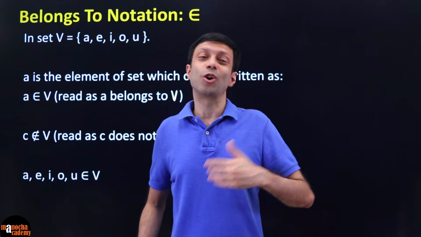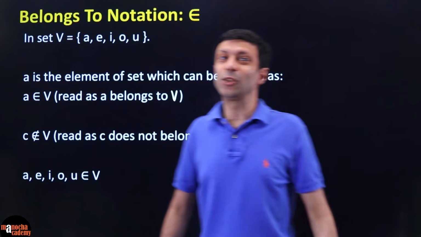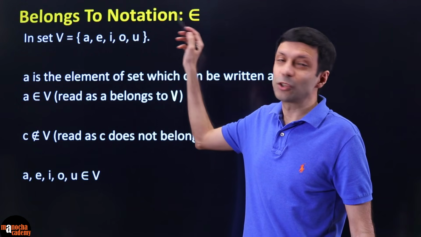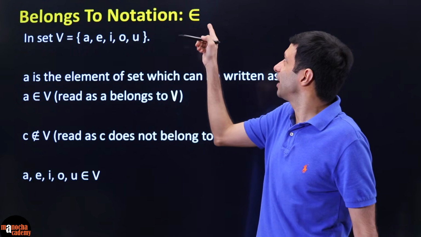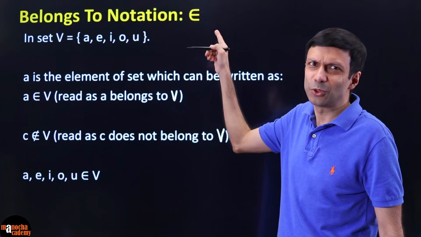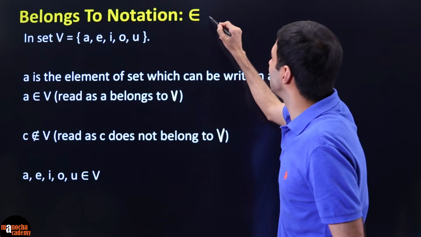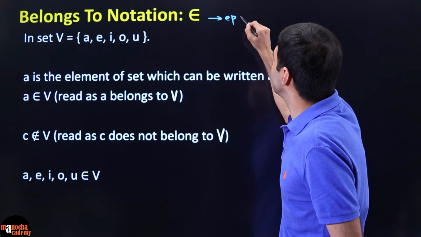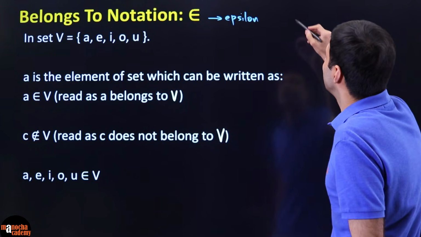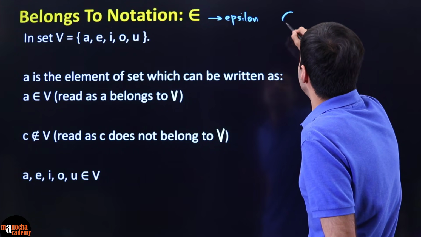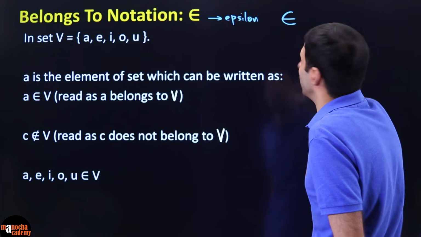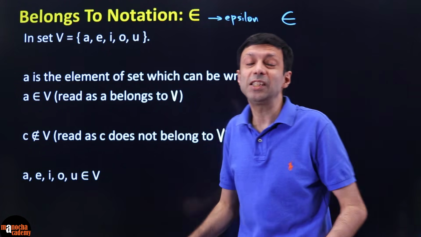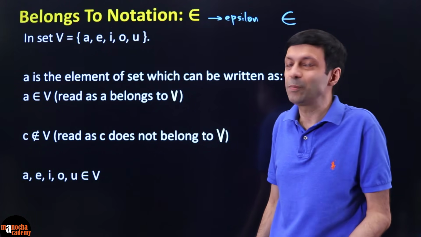As we discussed, there is a lot of notation in sets. So let's look at the next one, which is the belongs to notation, represented by this funny looking E. This is not an E, this is a Greek symbol known as epsilon. How will you write it? It is like almost writing a C and then putting a line in the middle. And this means belongs to. Now what is this belongs to?